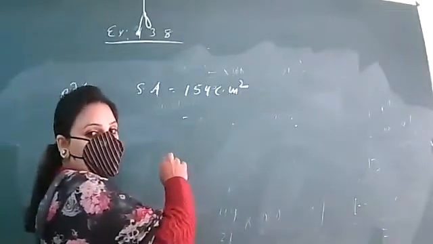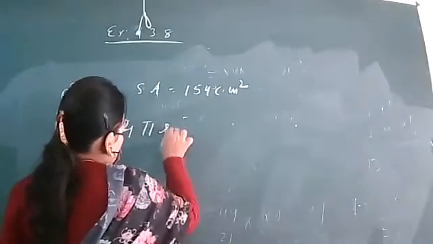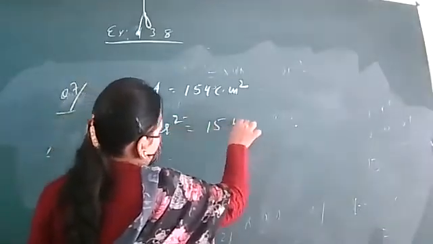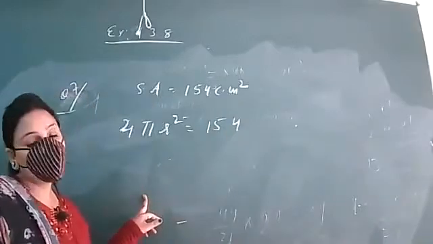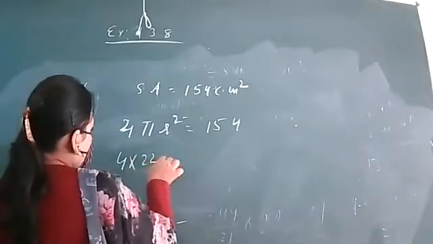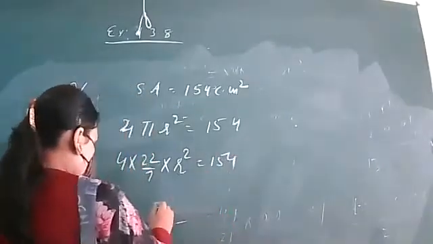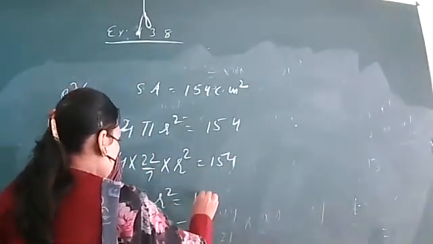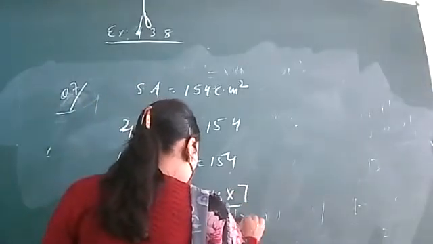So total surface area of the sphere, place the formula. This is 4 pi r square equal to 154. We want to find volume. From this, we will find the value of the radius, that is r. So this is 4 into 22 by 7 into r square is equal to 154. So r square is equal to 154 into 7 over 4 into 22.